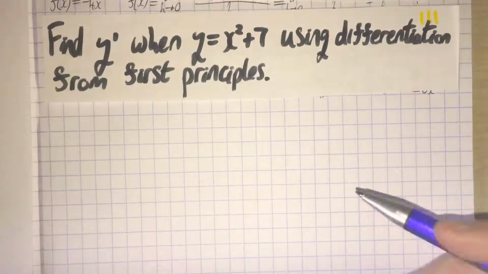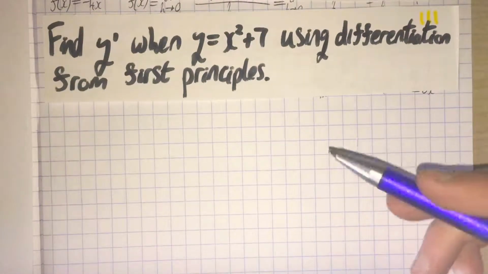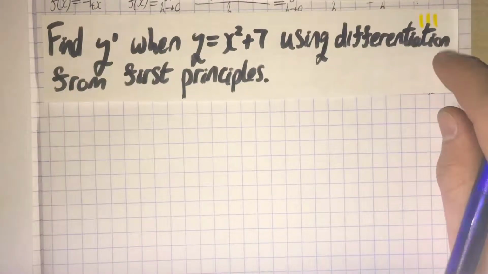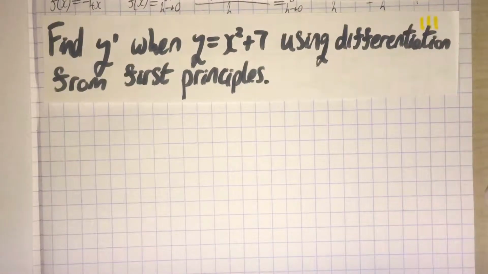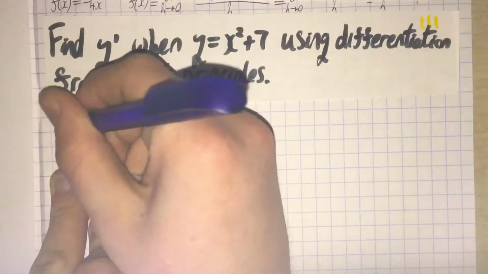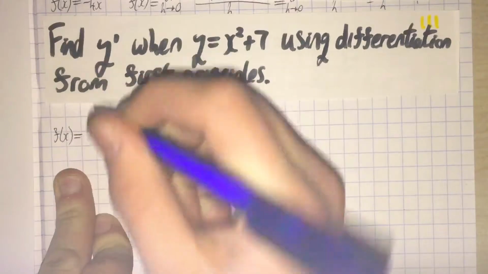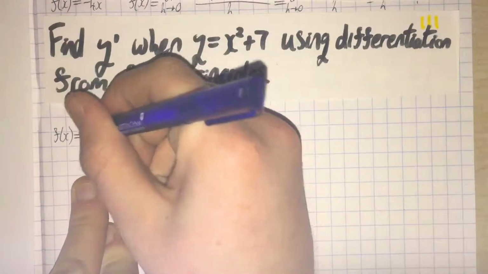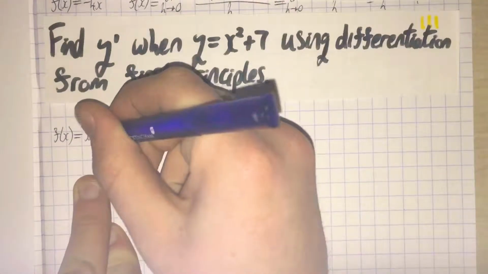So, if you'd like to pause the video, have a go, feel free to do so. This is a prime opportunity for you, and hopefully you get it correct. Right, time to have a crack at it. So, what's our f of x value here, you ask. Or our equation even. Our function is nice, x squared plus 7.